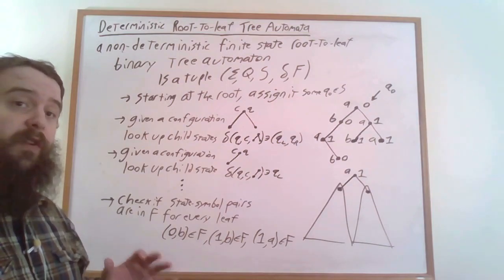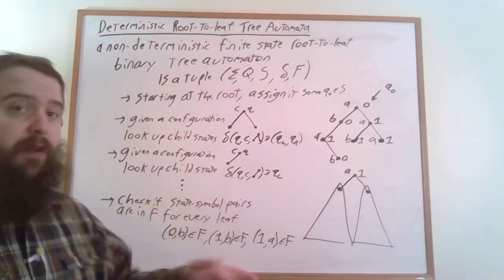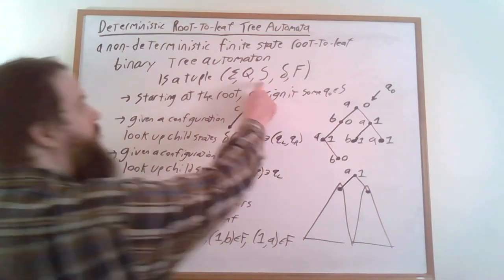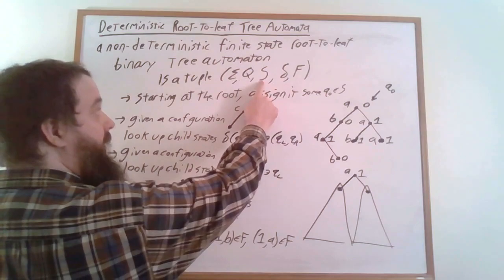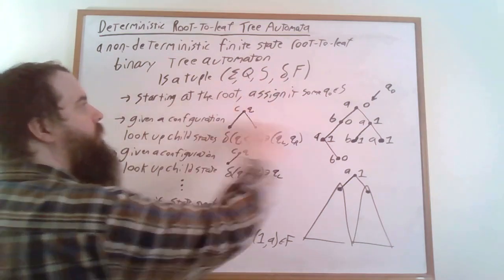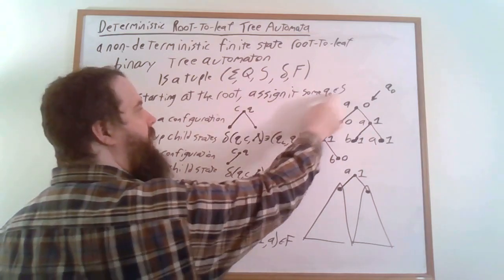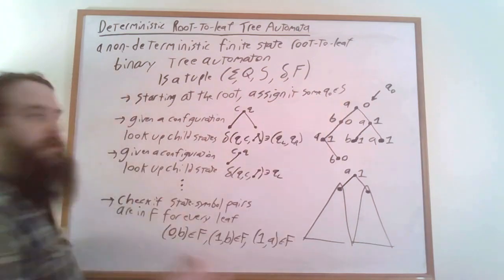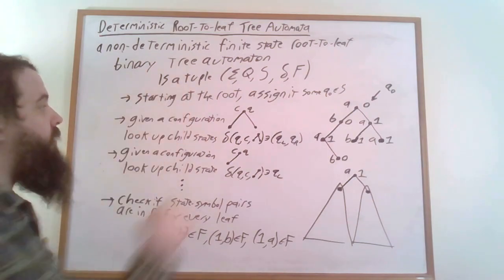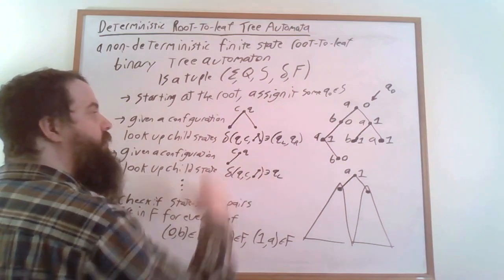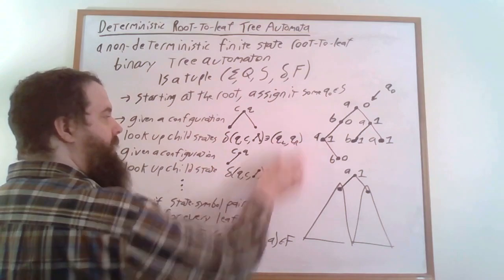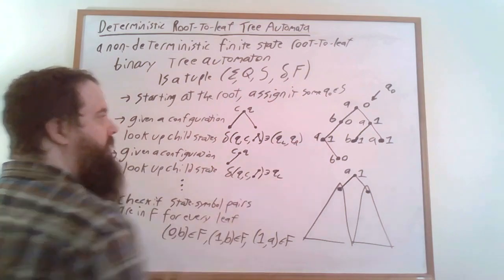So in order to turn our deterministic automata into non-deterministic automata, we're going to want to make two changes. First of all, we're going to want to change the start state to a collection of possible start states. So starting at the root, we will assign it some start state in our collection of possible start states. And then as we work our way through the tree, our transition function isn't going to give us just one possible pair of states or just one possible state to wind up in.